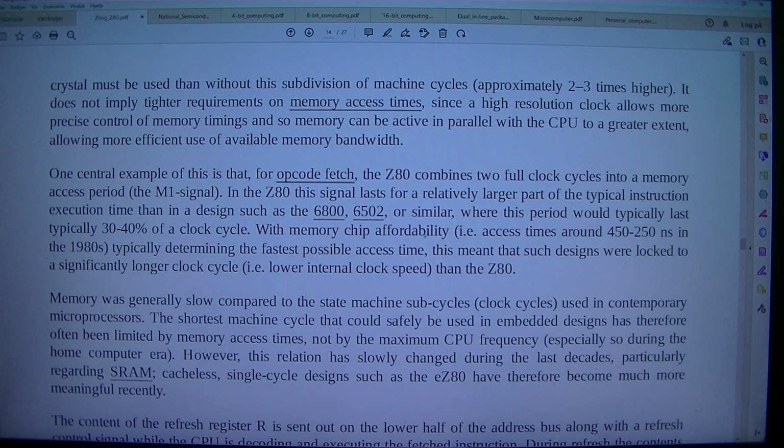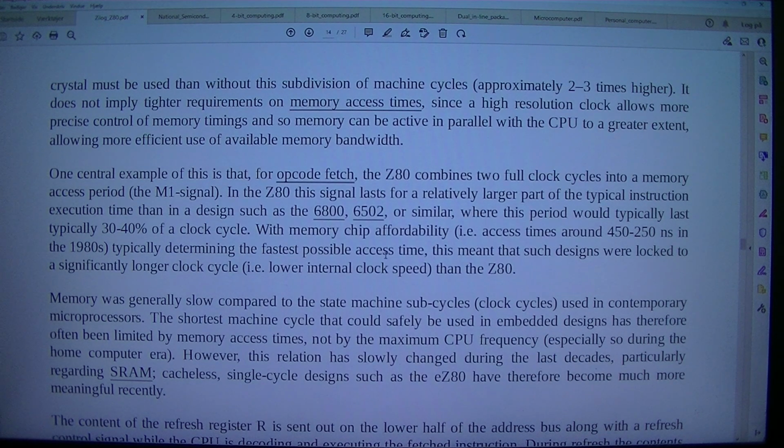One central example of this is that, for a code fetch, the Z80 combines 2 full clock cycles into a memory access period, the M1 signal. In the Z80 this signal lasts for a relatively larger part of the typical instruction execution time than in a design such as the 6800, 6502, or similar, where this period would typically last 30 to 40% of a clock cycle.